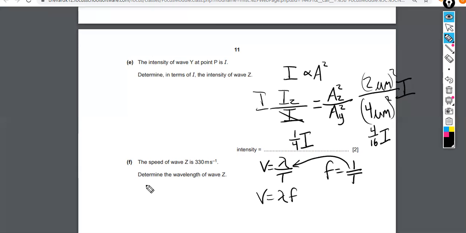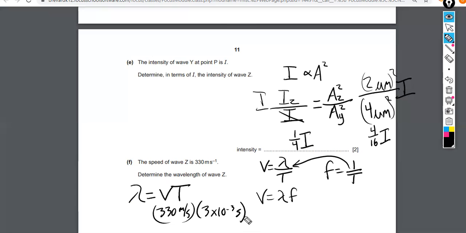Okay. So we're just going to say lambda equals v times T, and they give us this is 330 meters per second, and we already saw that the time period was 3 milliseconds, I think. There's 3 milliseconds, right? So 3 milliseconds. All right, and that should be enough to solve.